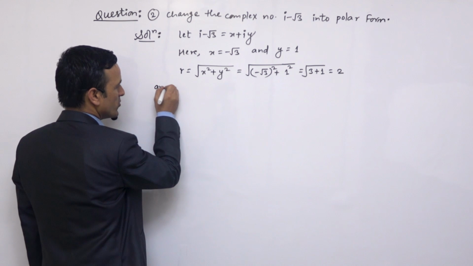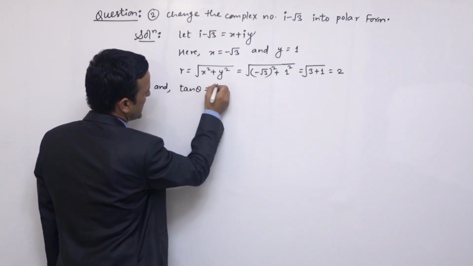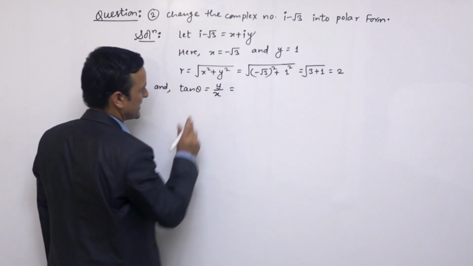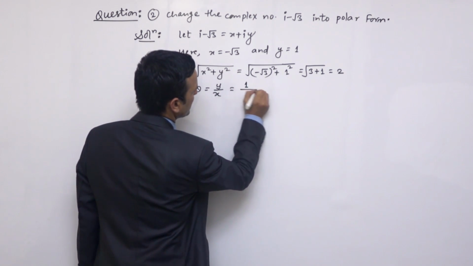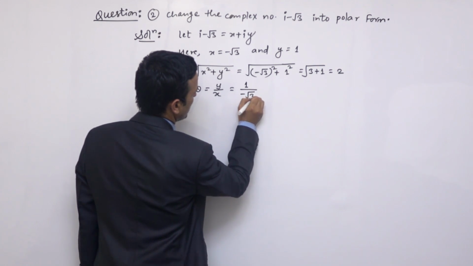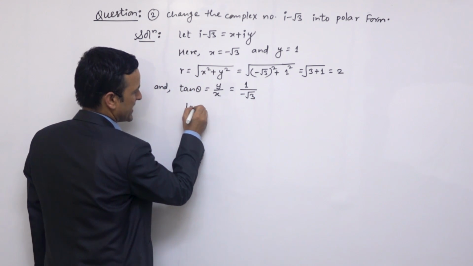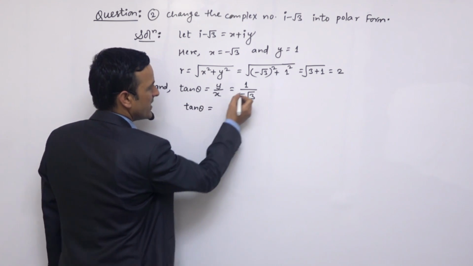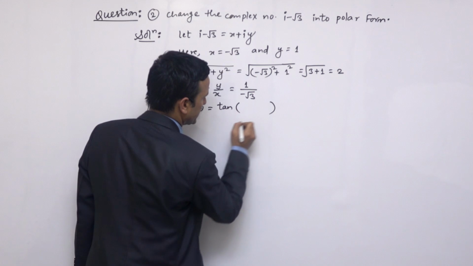So in this way we also find the value of tan theta. So tan theta is equal to y upon x. So if we put the value of y over here, then we get 1 upon minus √3. So here is tan theta, and minus 1 upon √3 means tan something degree.